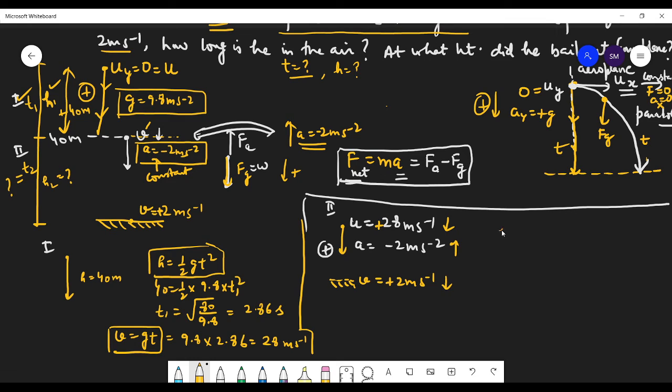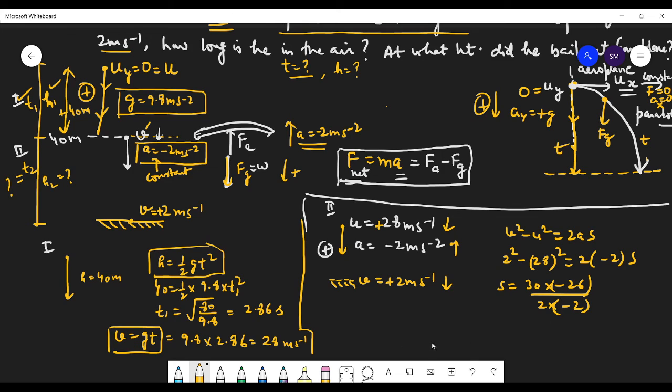Now find the H2. So H2 is equals to UT plus half AT square. But you don't know T here, so what formula you will be using? V square minus U square is equals to 2AS. Yes, sir. So V square is 2 square minus U square is 28 square, and that is 2 into acceleration minus 2 and H. So that will come out to be, A plus B into A minus B: 30 into minus 26 divided by 2 into minus 2.